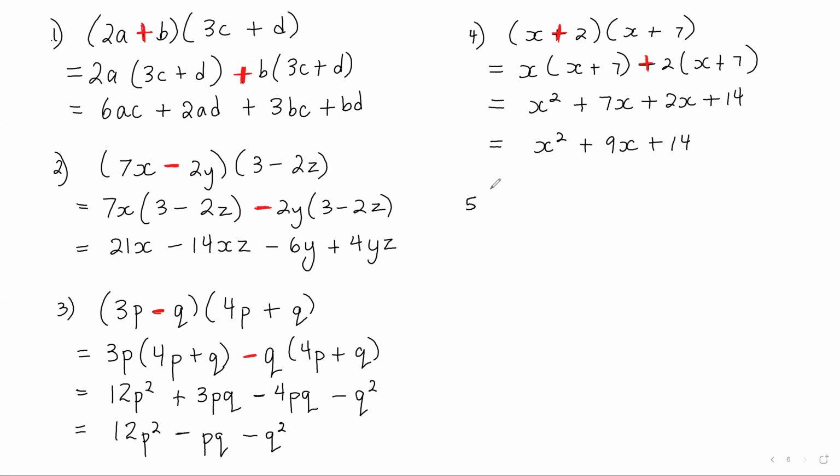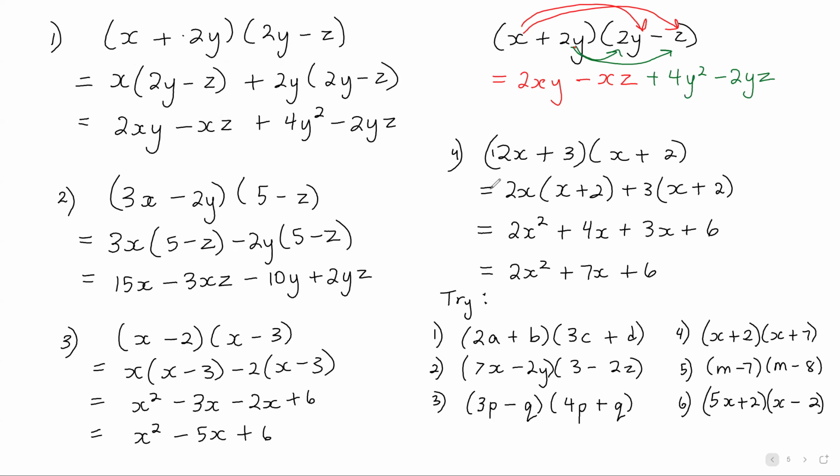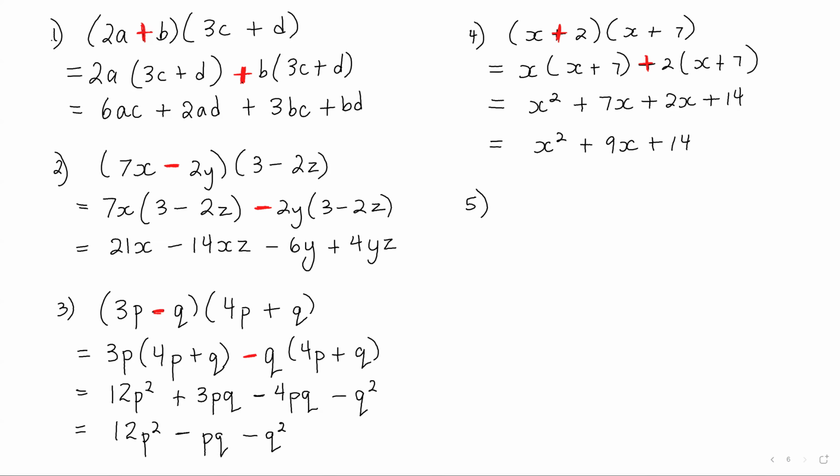Number 5 was m minus 7 by m minus 8. So this gives me m times m minus 8 and minus 7 times m minus 8. Remember, it's the first terms, right? Again, just to show you, it's minus 7, so this is minus 7 here.